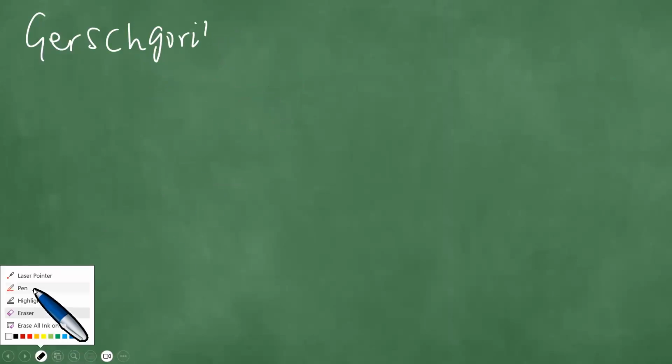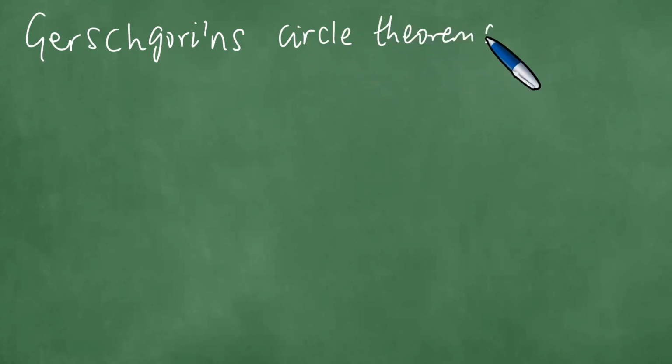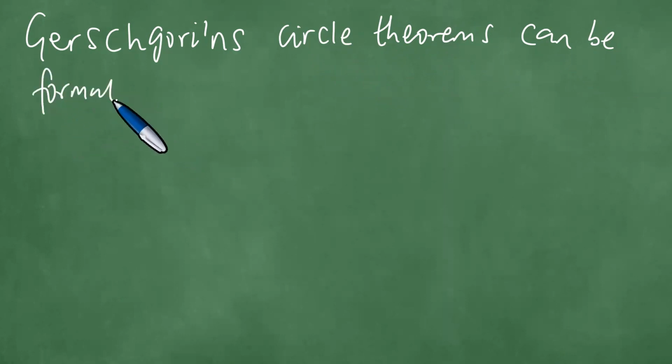The smallest and the largest we have seen we can deal with using the matrix A and its inverse, but the Gerschgorin circle theorems can be formulated as follows.